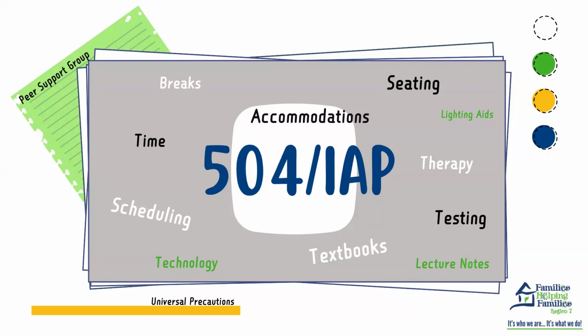IAPs must be updated on a yearly basis. This will occur at the beginning of the school year to address the student's current grade level, curriculum, and state standardized assessment, and whenever adjustments or changes are warranted.